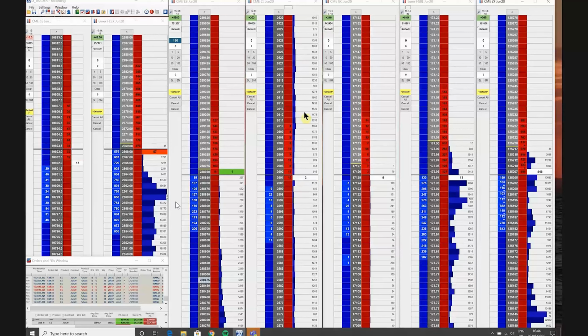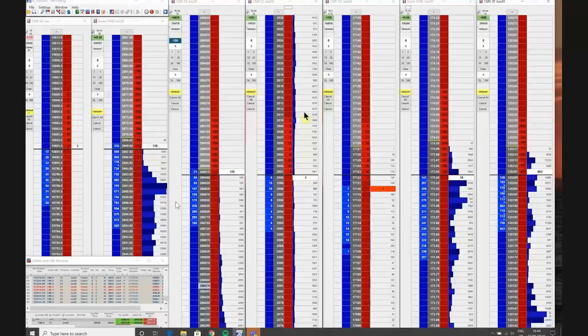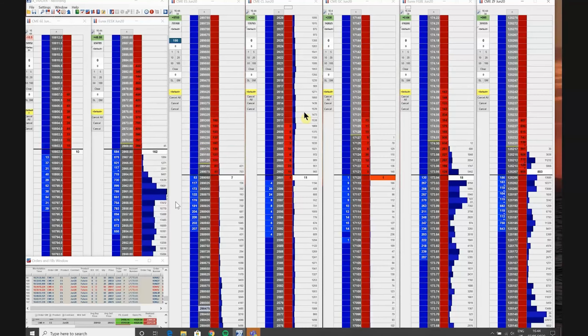So then through 89s, 89.5, so 89.75, yeah, there we go, bid straight through that level.